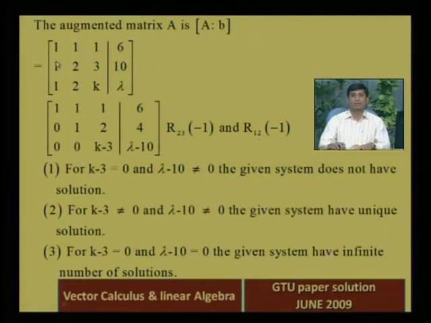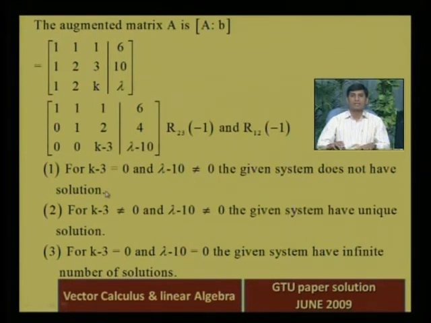So the second row becomes 1 minus 1 is 0, 2 minus 1 is 1, 3 minus 1 is 2, and 10 minus 6, that is 4. Now you can see this matrix is in row echelon form.